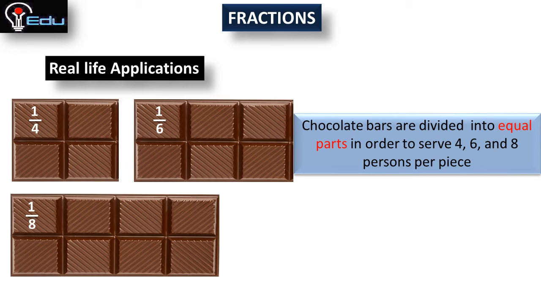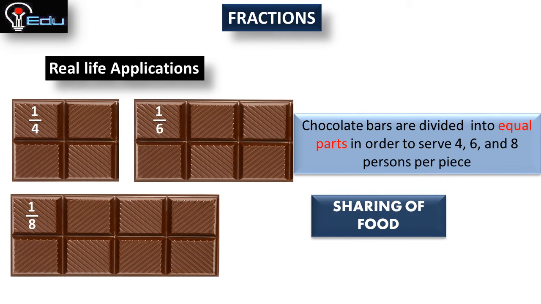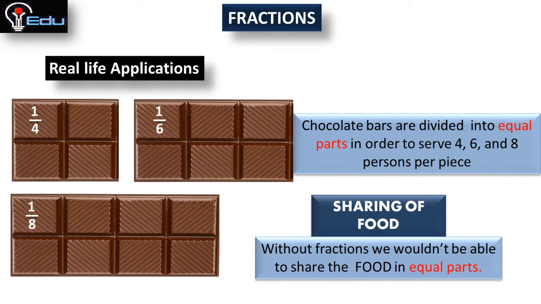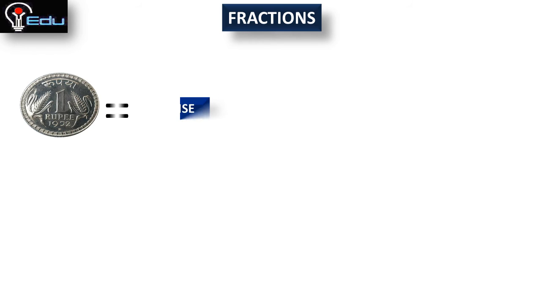So one part is represented with the fraction 1 by 8. So this is a real life application, sharing of food. Without fractions we wouldn't be able to share the food in equal parts. And there is one more real life application.